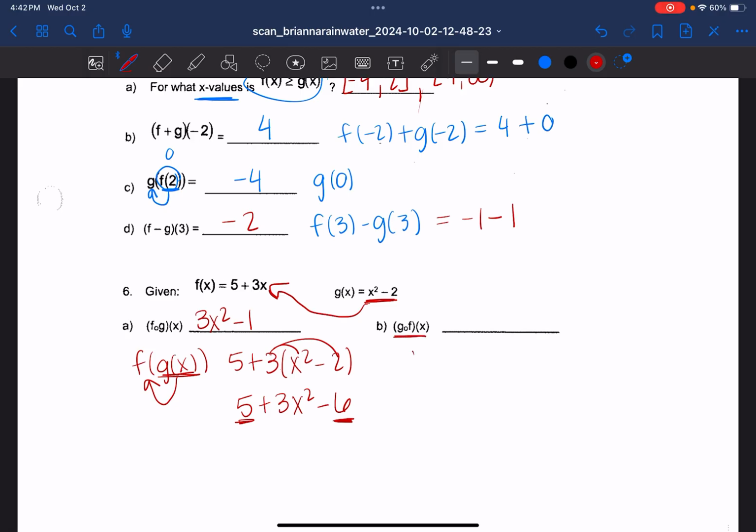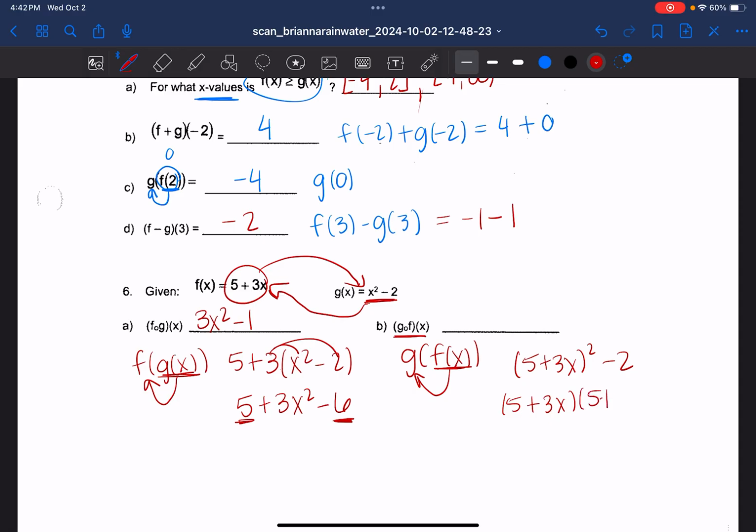This g of f of x means to take f and plug it into g. So I'm going to take this function and replace x with it. So I would have 5 plus 3x quantity squared minus 2. So this means 5 plus 3x times 5 plus 3x, minus 2.